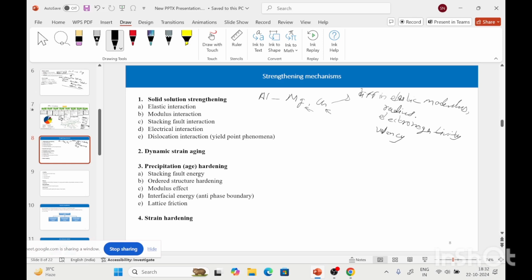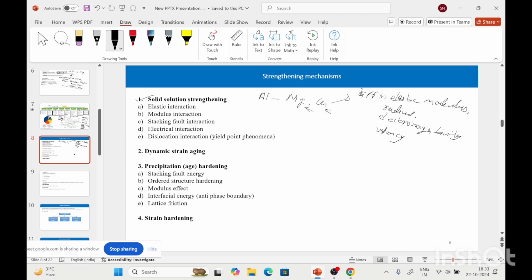Because of these differences, different interactions are generated, and a strain field is created inside the material. This increase in strain field increases the stress required for further deformation, which leads to solid solution strengthening.